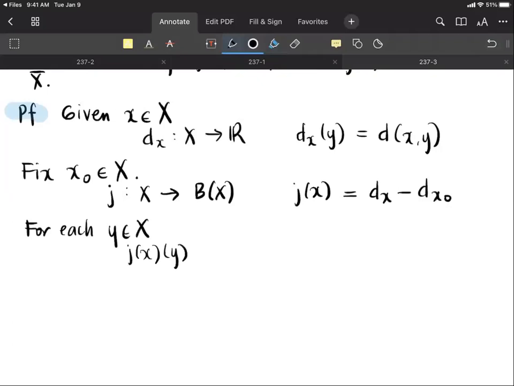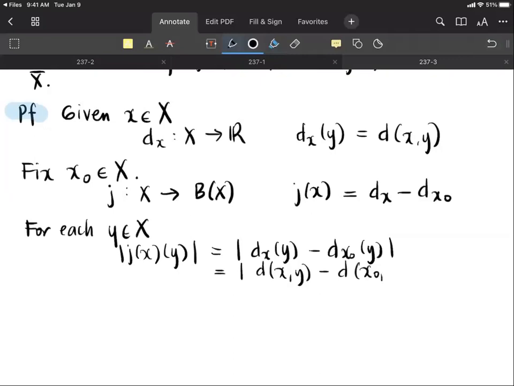So let us consider the value at y. By definition, this is d sub x of y minus d sub x naught of y. And this is equal to, by definition of d sub x, the distance between x and y minus the distance between x naught and y.